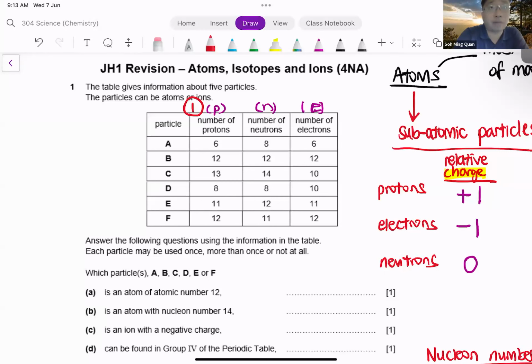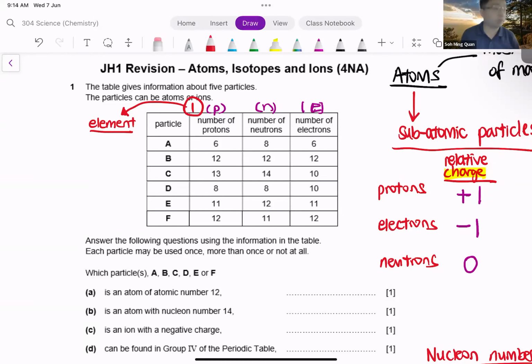Okay, start from the proton number. The proton number tells you what is the element's name. How? We know the proton number is the smaller number found in the periodic table for that element. So based on the proton number, I can identify the element.